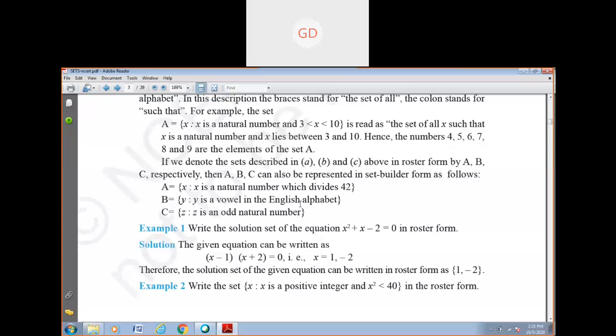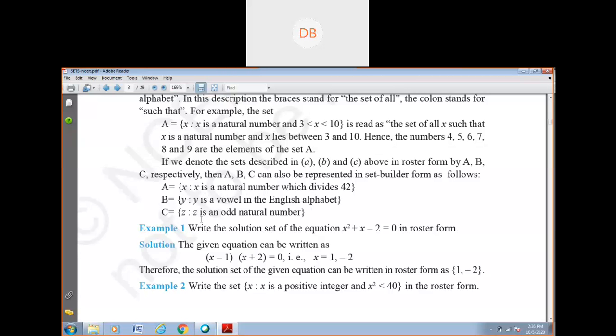Already we represented it in tabular form: within second bracket, we simply write the vowels A, E, I, O, U. That is the set of vowels in the English alphabet, in tabular or roster form. Now the same set is represented here in set builder form. Y or x, you can write x also, no problem. Y such that y is a vowel in the English alphabet. This set B also represents the same elements A, E, I, O, U, all vowels.